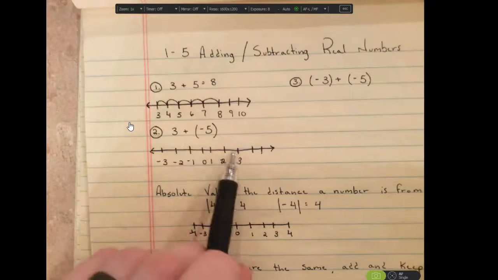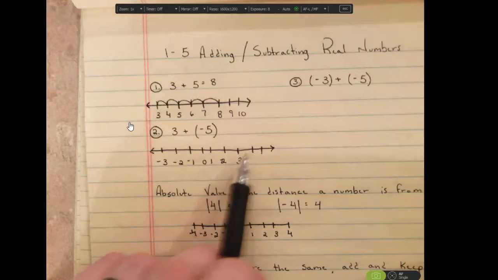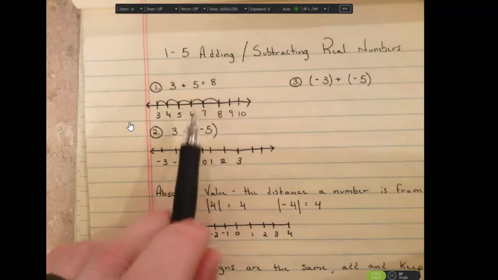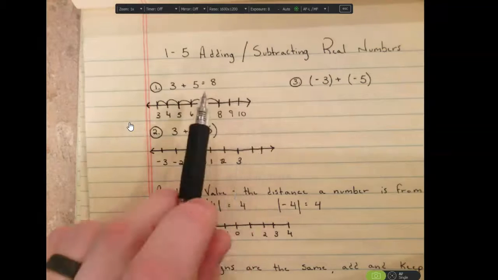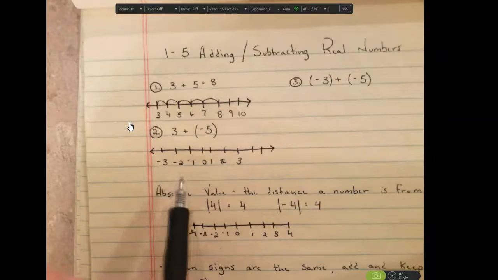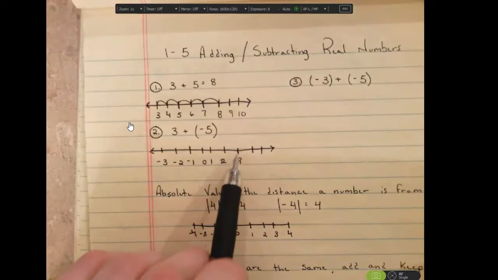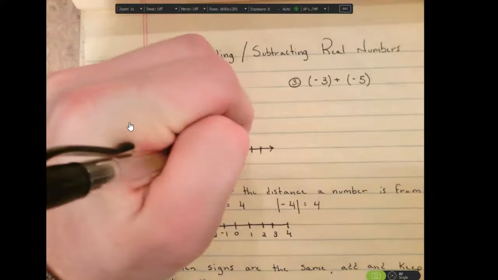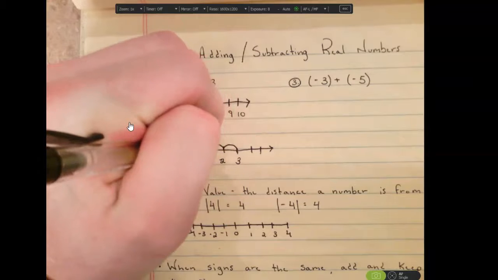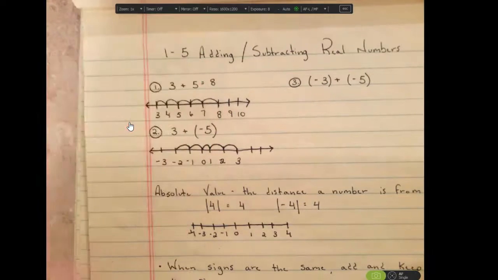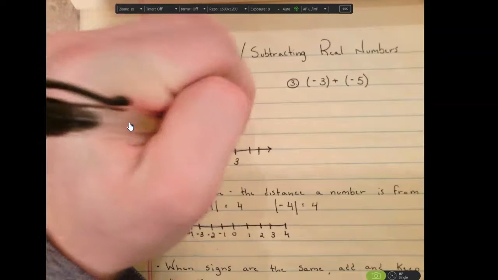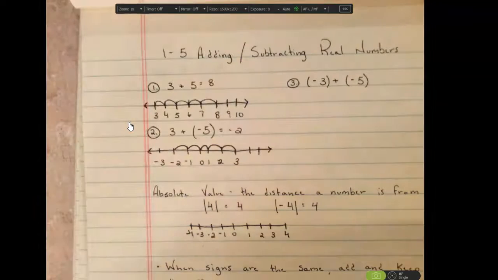Whenever I add negative 5, I'm not moving to the right, I'm moving to the left, because we went to the right with a positive 5. With a negative, we move in the opposite direction. So we're going to move to the left 5 spaces this time. Let's move 5 spaces to the left: 1, 2, 3, 4, 5. So when I do 3 plus negative 5, you get negative 2.